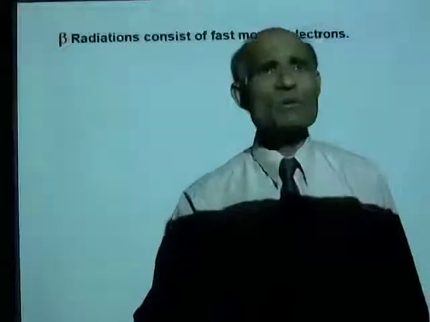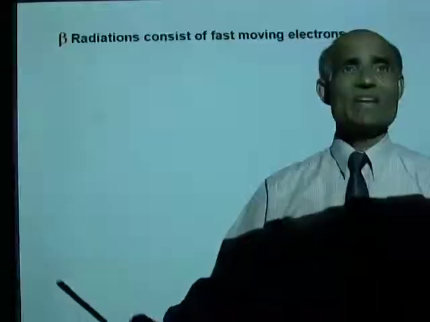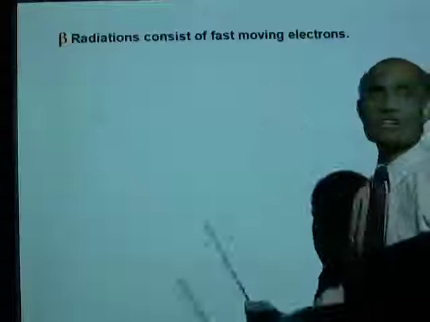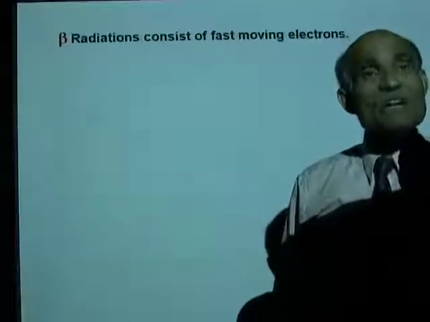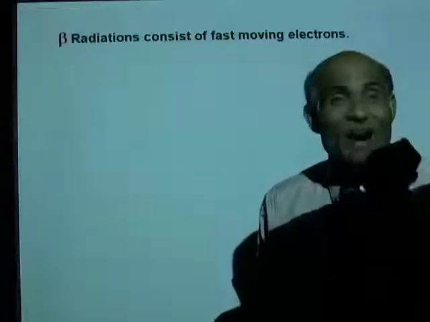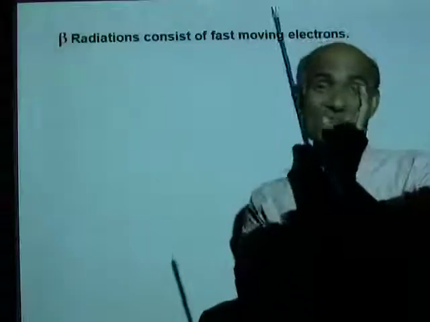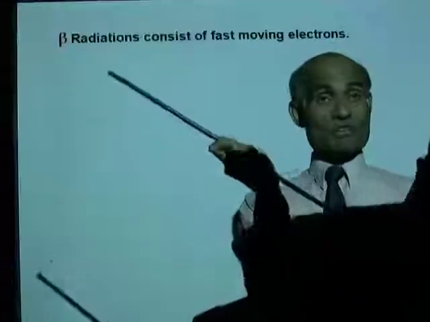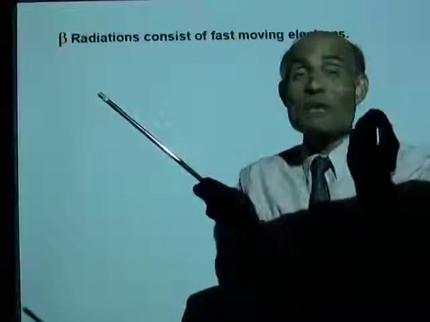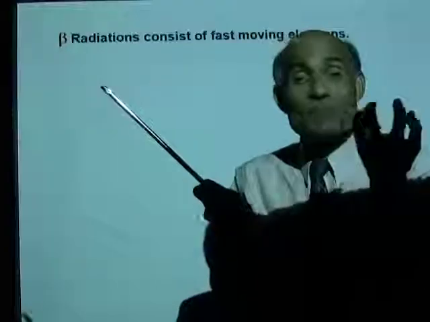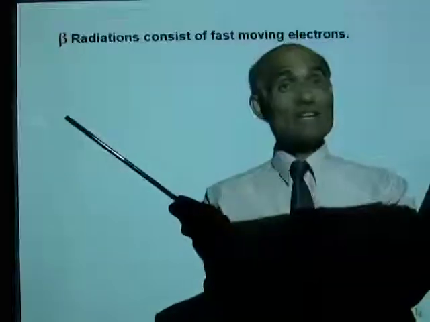How about beta radiations? Now, I want you to look at this and tell me, is there anything wrong there? Beta radiations are very light particles, we said, and they were deflected in the opposite direction. Well, if alpha radiations carried a positive charge, then beta radiation should be carrying a negative charge.